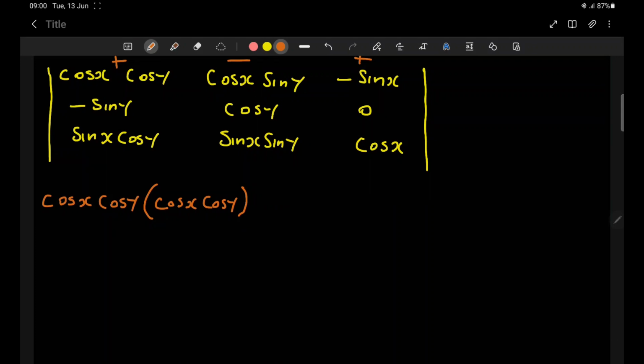So we've come to this element in between. Here we eliminate this column and this row. That means we'll multiply negative sin y with cos x, and subtract sin x cos y with 0, which is just 0. Since there's a negative there, we'll write minus cos x.